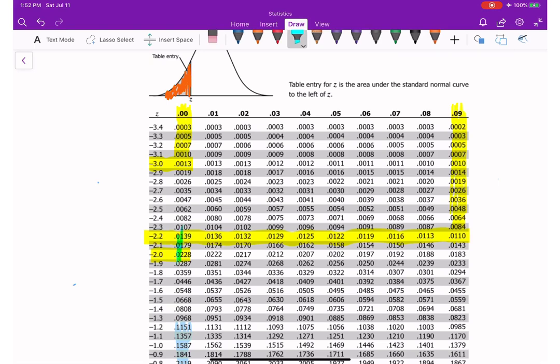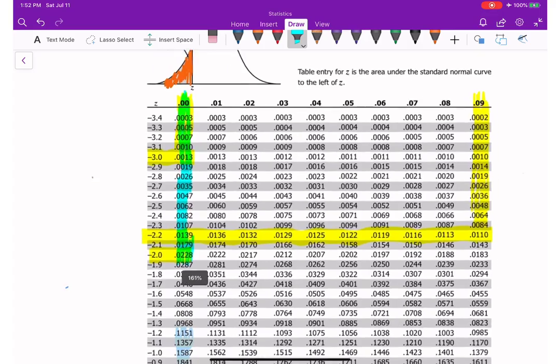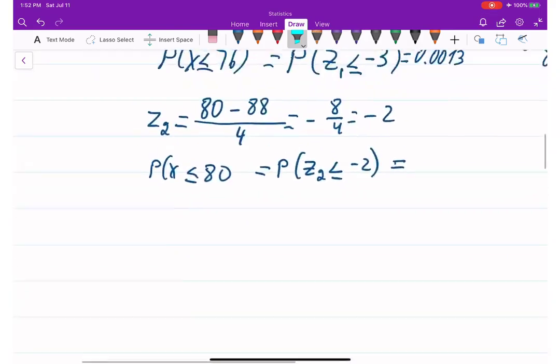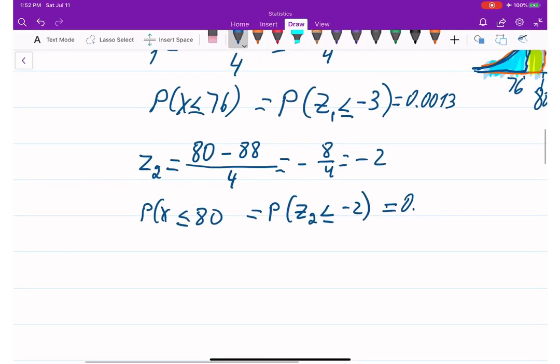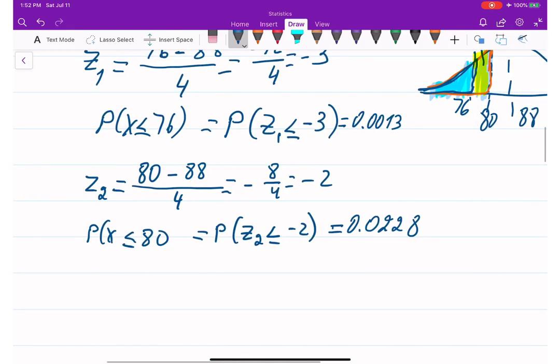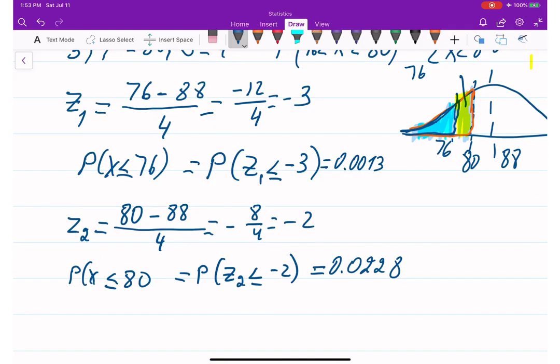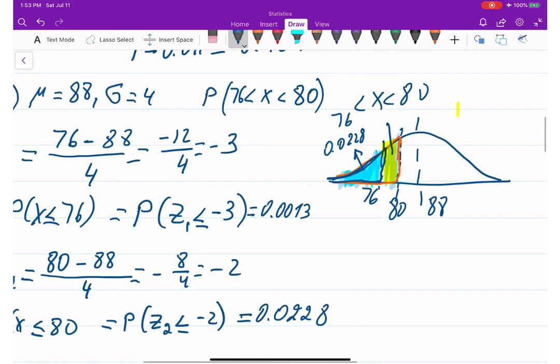Okay. I'll be careful. Okay, 0.0228. So this blue color is a probability of 0.0228.